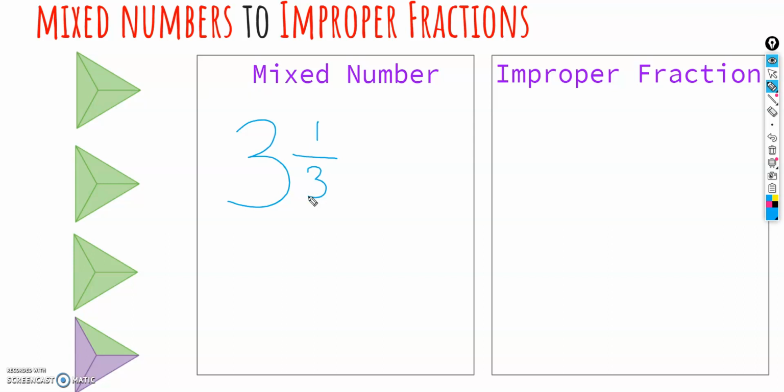Now, if we wanted to turn that into an improper fraction without counting each and every one, we just take, there's 3 whole pieces, and they're each divided into 3 pieces.